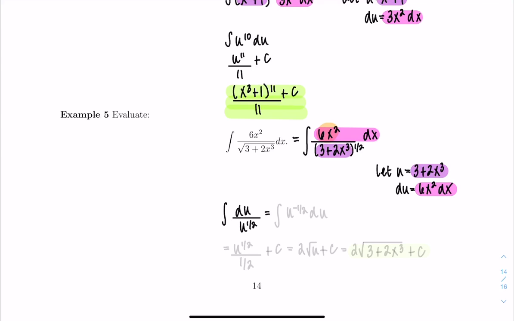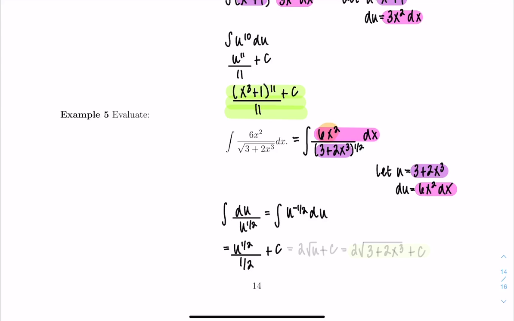And so we can rewrite this as u to the negative 1/2 du, which will give me u to the 1/2 divided by 1/2 plus c.